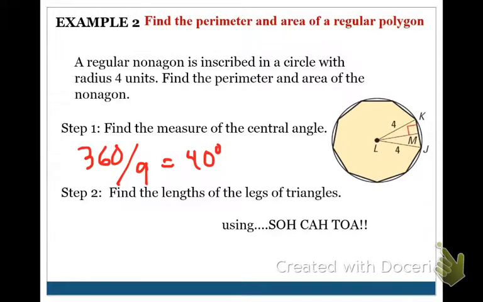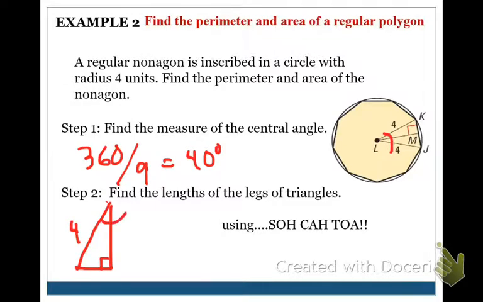All right, now we have to find the legs of the triangle. This angle is 40, but I want to use half of that to make that right triangle with the apothem. If we draw it like that, the hypotenuse is 4.